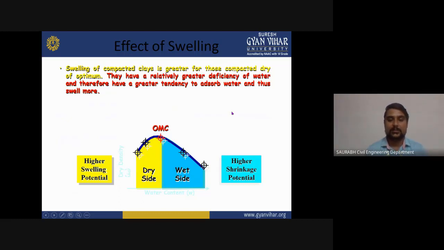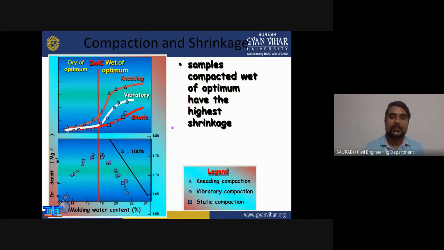As you can see here, this graph is showing dry side and wet side, showing the higher swelling potential and higher shrinkage potential. This is your OMC, which is known as optimum moisture content. Now compaction and shrinkage: this graph is showing the samples compacted wet of optimum have the higher shrinkage, as you can see in your figure.